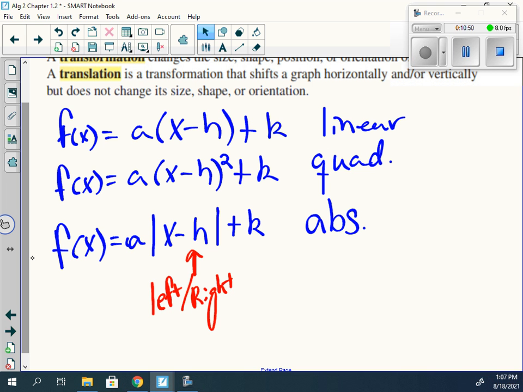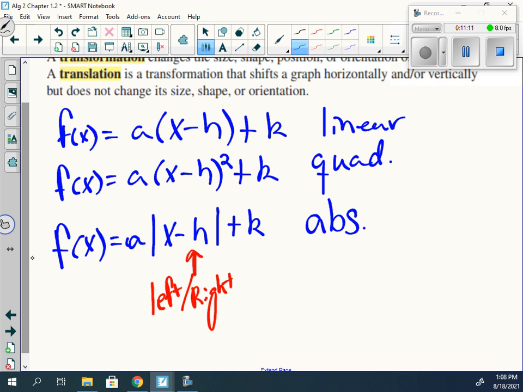So you can grab a note sheet. The value inside the parentheses: if it's added or subtracted, it's moving it left or right, and it's always opposite of what we think.